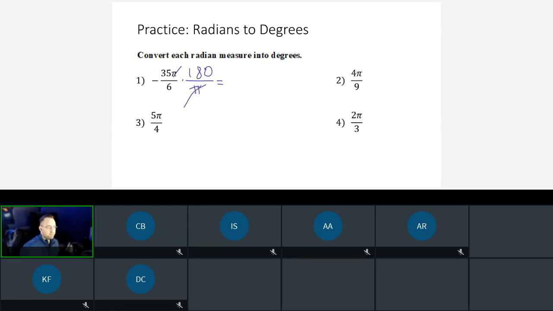Negative 1050 degrees. There is no decimal. I can't use my mouse to do a degree symbol. That should be just a little degree symbol. Just erase it and do it again.